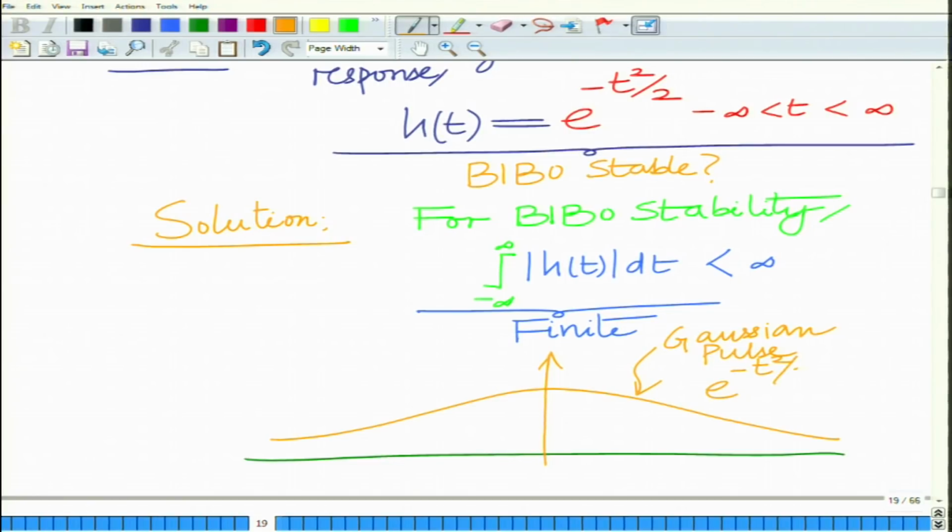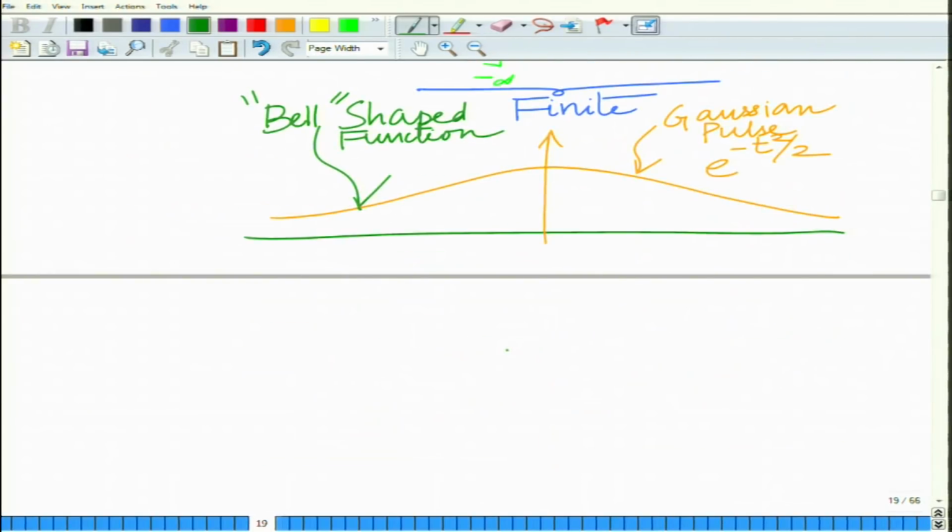It has a bell shape, also known as a bell shaped function, because it looks like a bell. Now, this is always positive, e to the power of minus t square by 2.